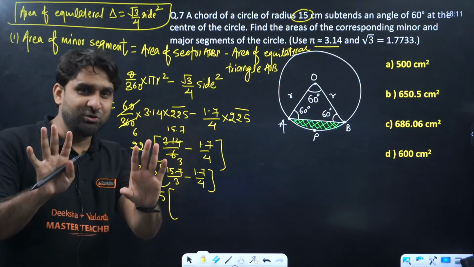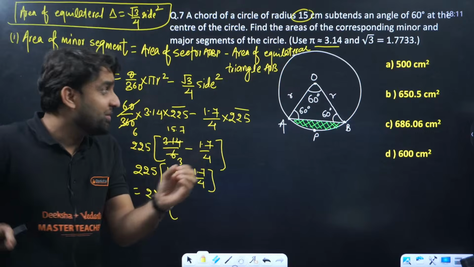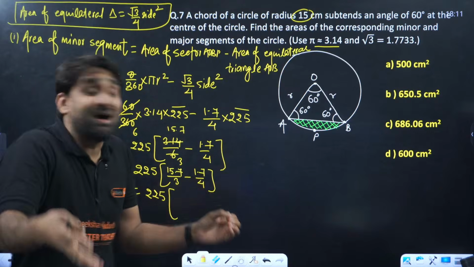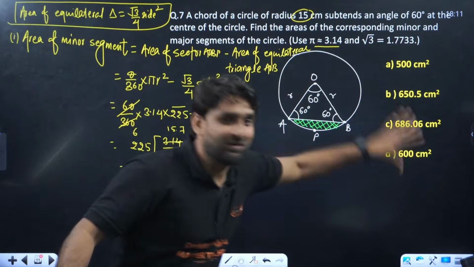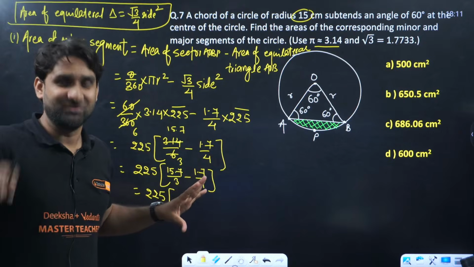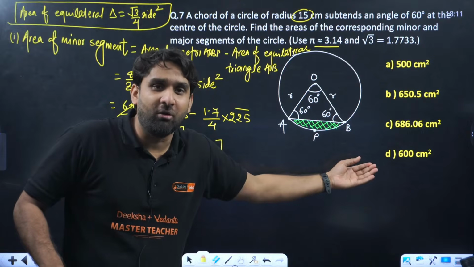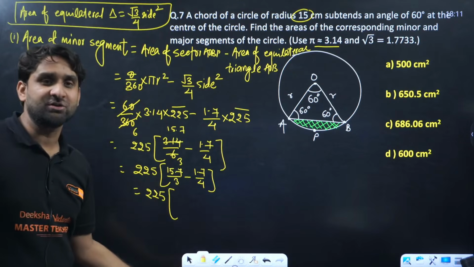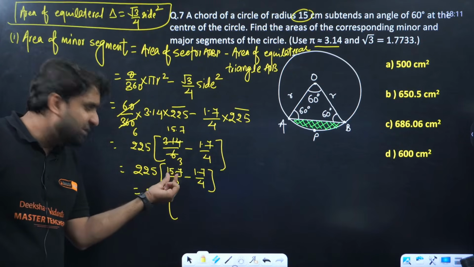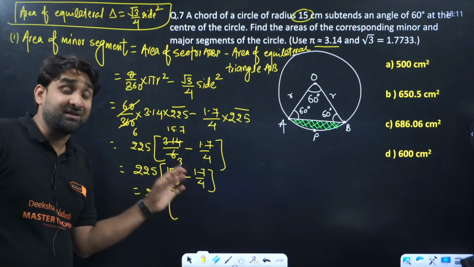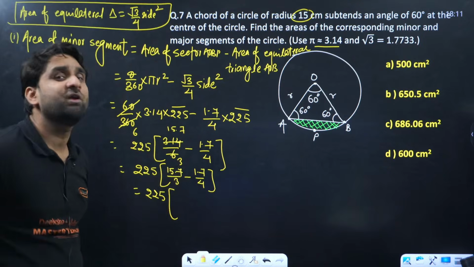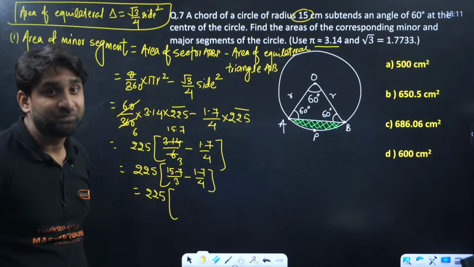I'm just asking you to guess the answer without solving this, just to reduce your time. If the question comes up in MCQ form, you don't need to go to the last calculation. So just imagine if this is 15.7, that is equal to 16. So 16 by 3 will be 5 point something.